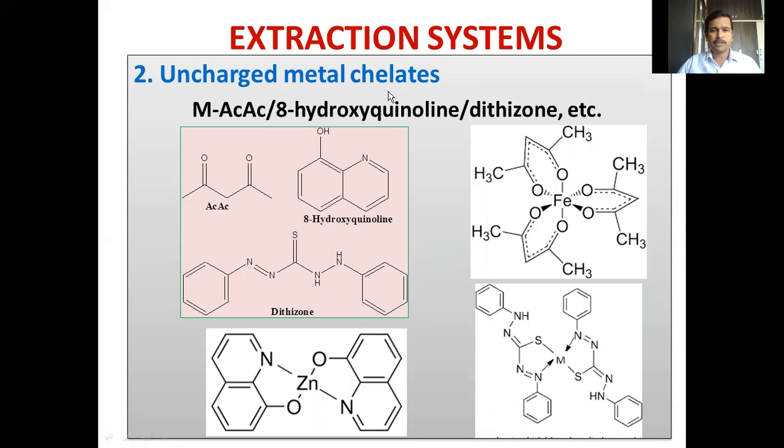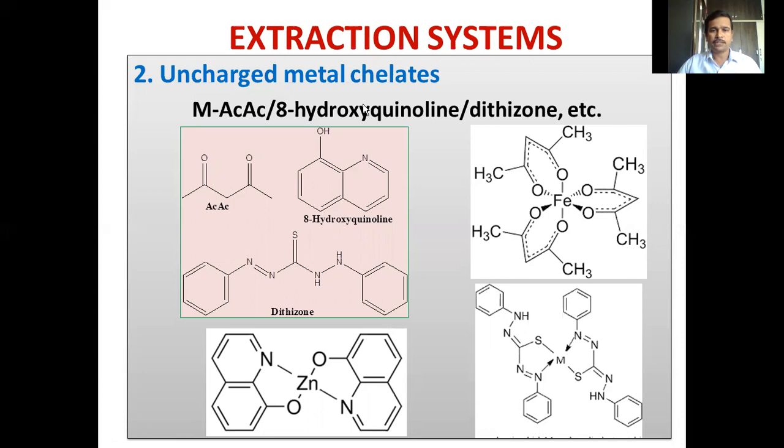As the name implies, metal chelates. Chelates are formed due to the reaction between metal ions and the chelating agents. Metals are Lewis acids, and chelating agents act as Lewis bases. So a simple Lewis acid-base reaction takes place to form metal chelates.